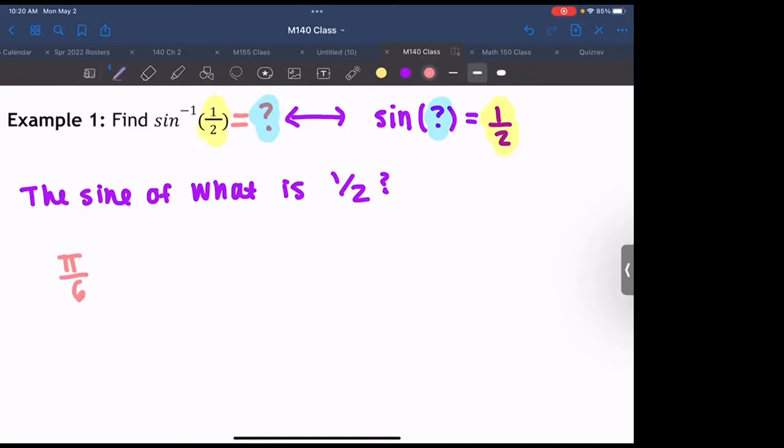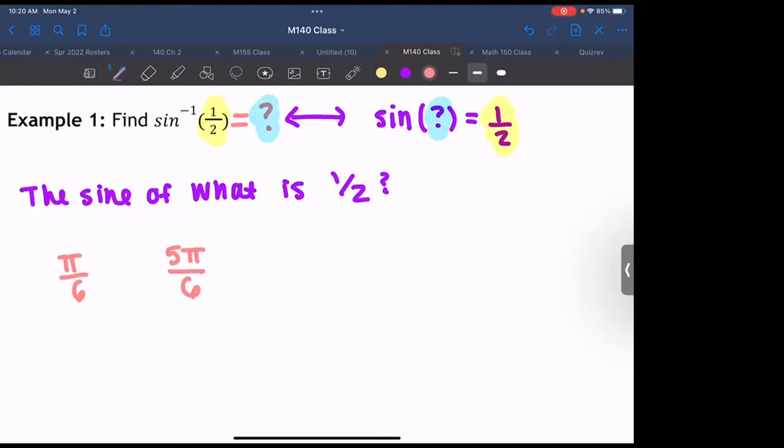Sine of pi/6 is 1/2. Good. Any other angles? Any other values where the y value is 1/2? 5 pi/6, right? Sine of 5 pi/6 is also equal to 1/2.